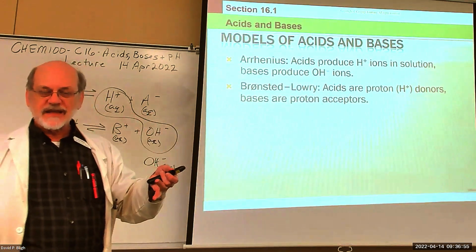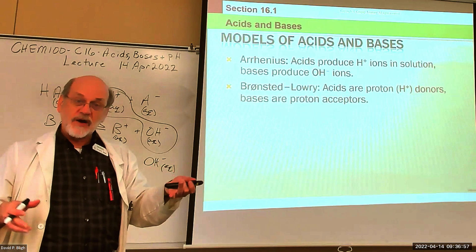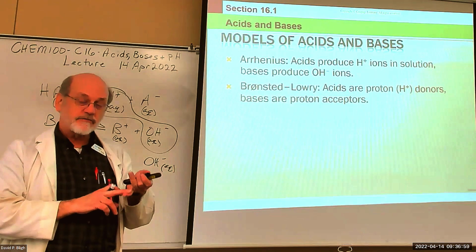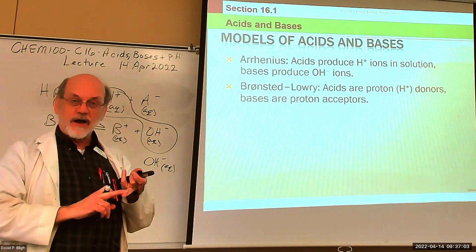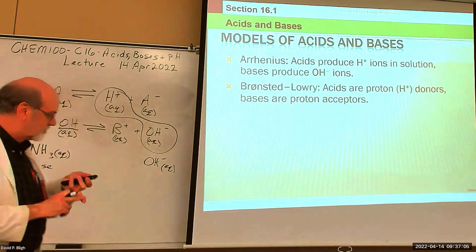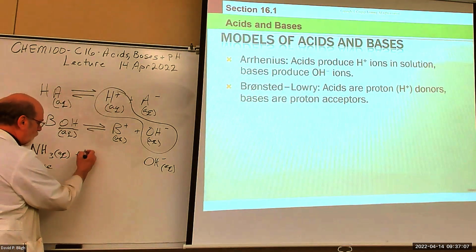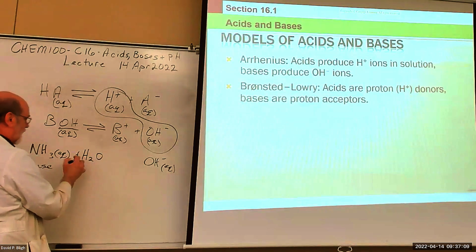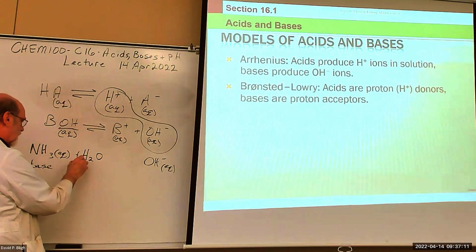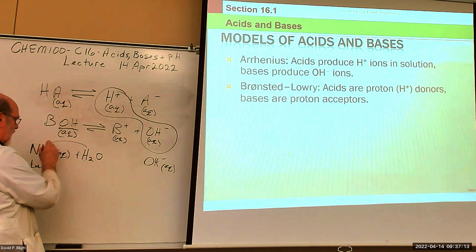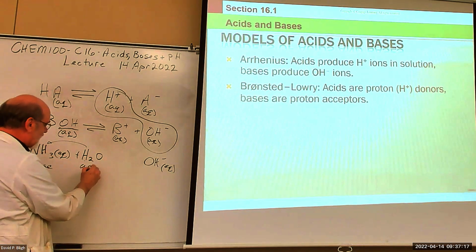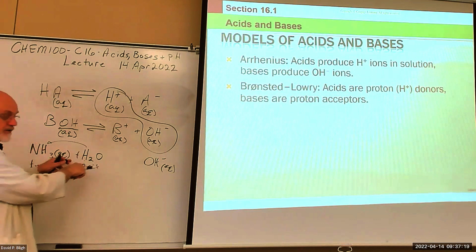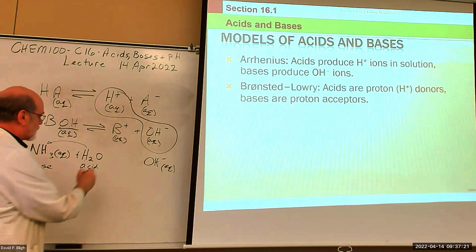So the only place it can get hydrogen, well, two possibilities: it could get hydrogen from another ammonia, or from water. If we react it with water, and we take one of these hydrogens and donate it to that ammonia, that makes this an acid. It's a donor, and this is an acceptor.